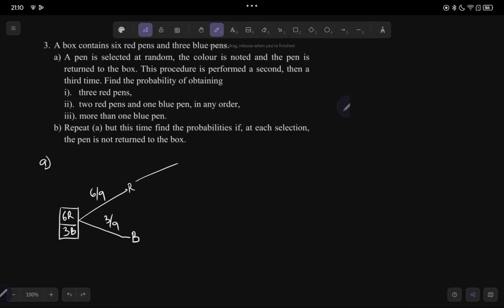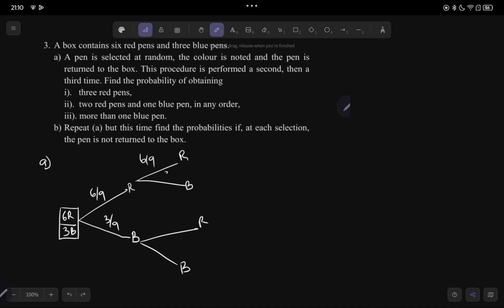Now, for the second time, you can again go back and choose. Still you have red and blue. Since we note the color and return, that means we restore the number of pens which are already there. So you take a red, you note the color, you bring back the red, still remains 6. So the sample space here is not changing because it is picking with replacement.